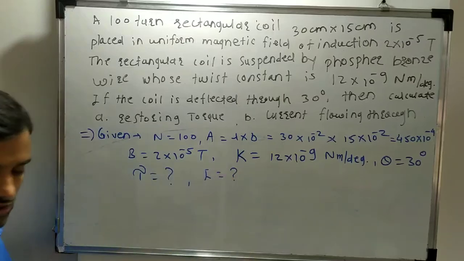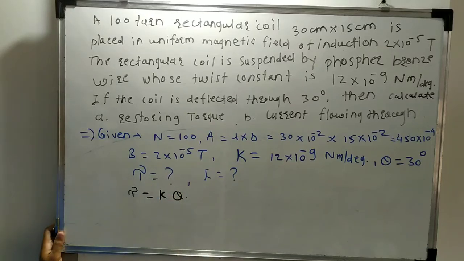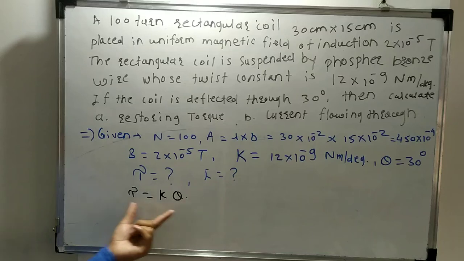Then calculate the restoring torque and the current I. What is the value of current I? So what is the formula for determining the restoring torque? The restoring torque is given by K theta. So this is very straight and clear. The K is given, theta is given, so you can directly determine the value of torque.